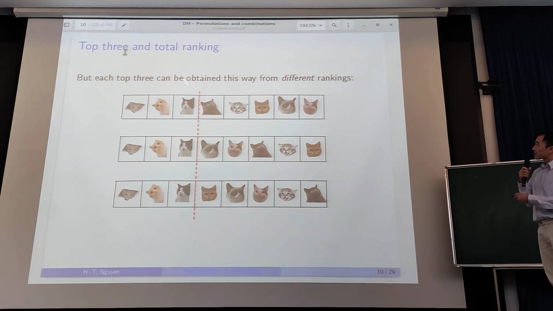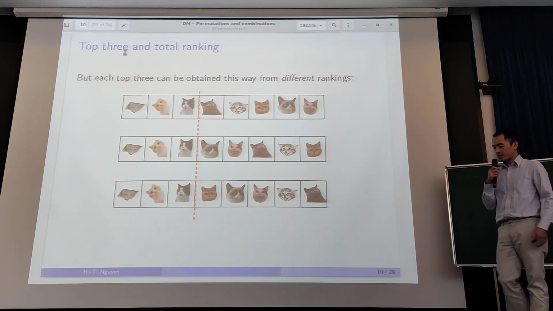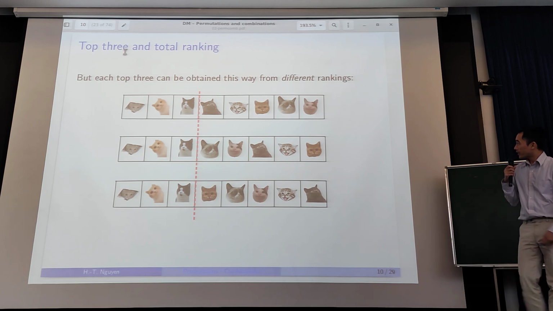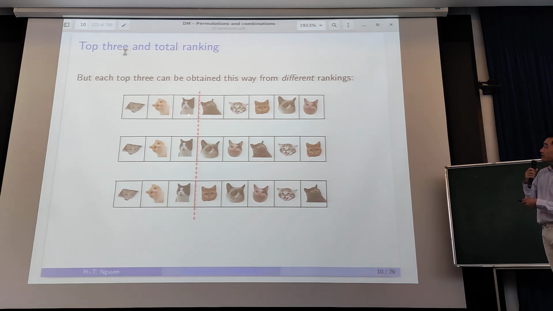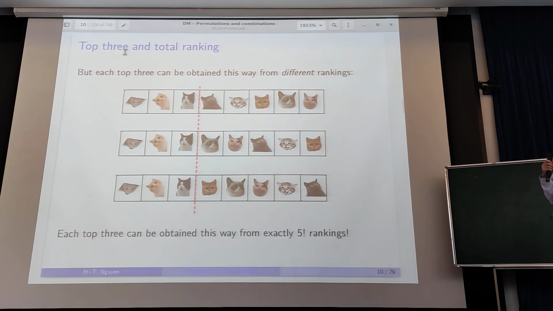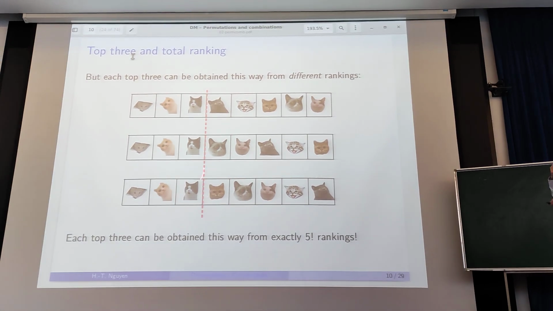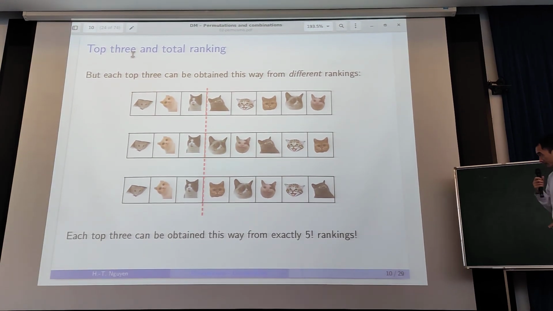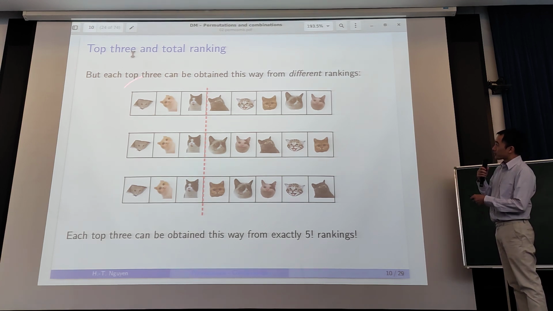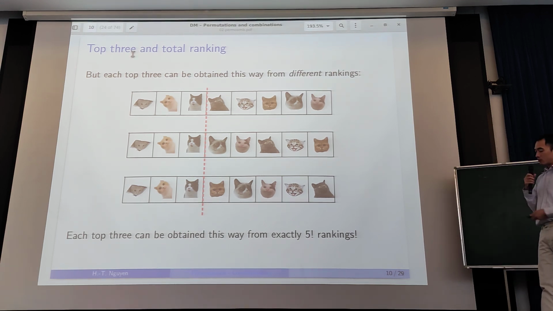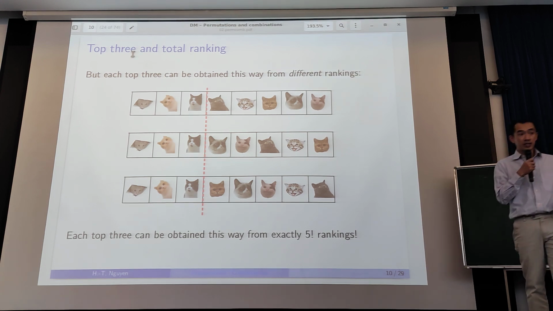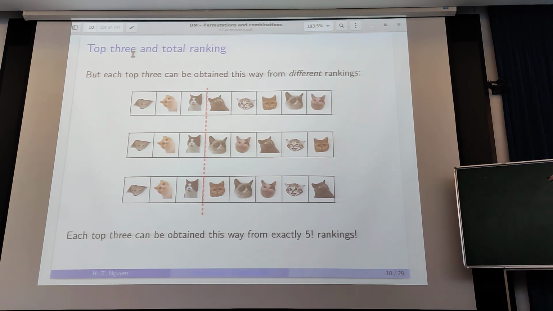So in fact, if we consider the same top 3 and we mix the other 5 cats, then each top 3 is present in 5 factorial rankings. Okay, so we have repetitions with a factor of 5 factorial, which is 120, for each possible top 3.